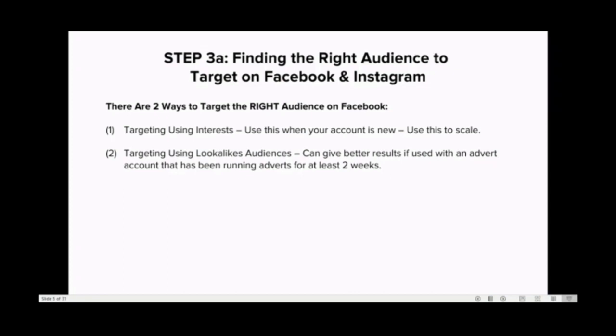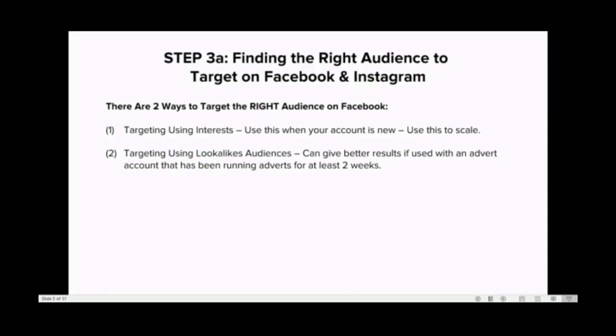Look-alike audiences can give you a better result because you target people who are proven buyers, but you have to use it with an advert account that has been running adverts for at least 2 weeks. It is not recommended to start using look-alike audiences for a new advert account. It can get your ads account flagged.